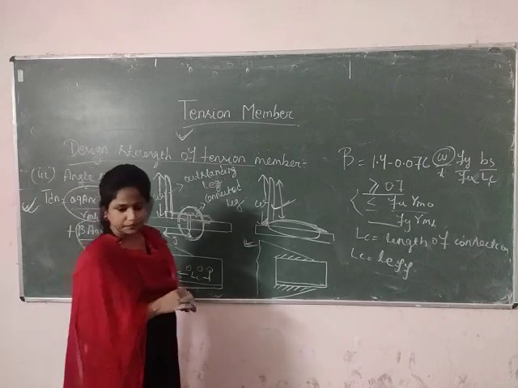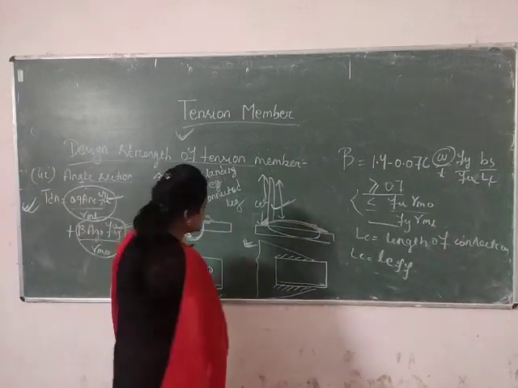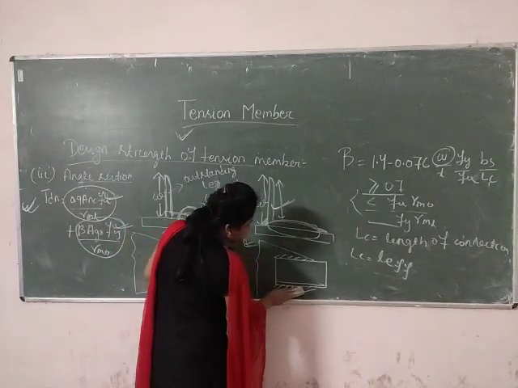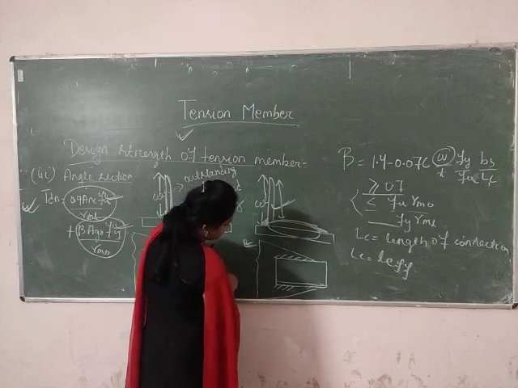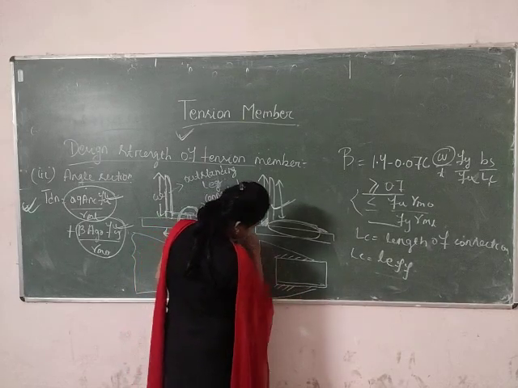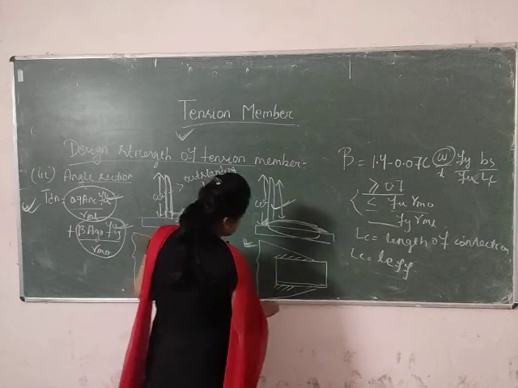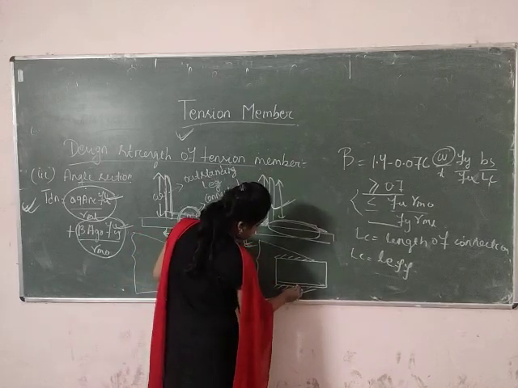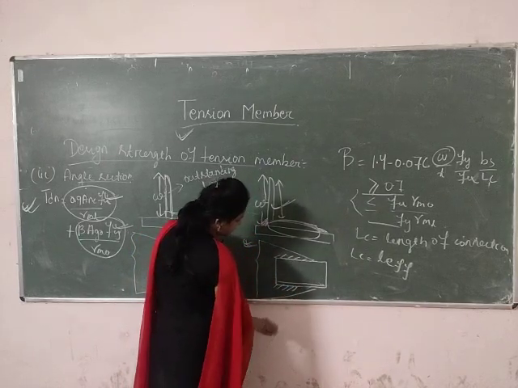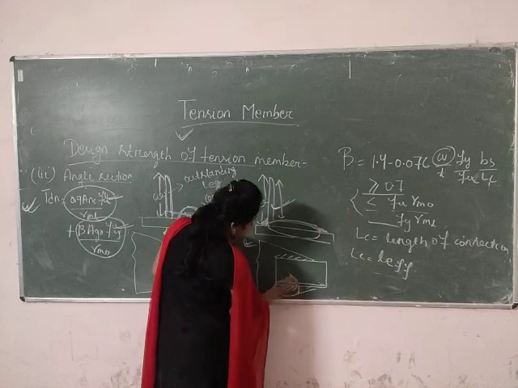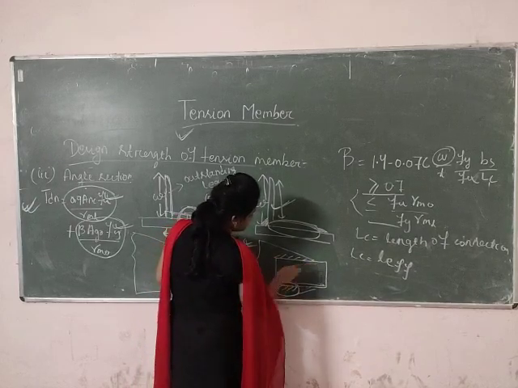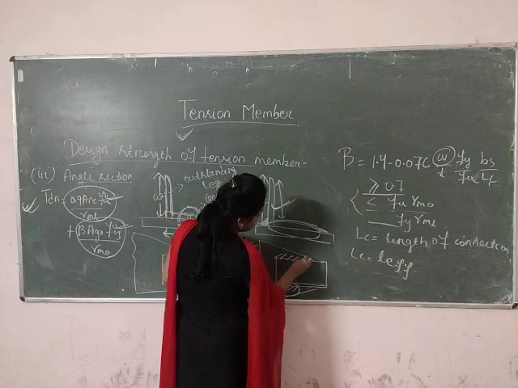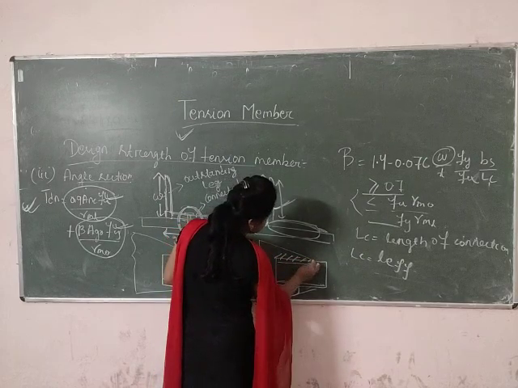But there may be a case that this leg is connected by the welded connection up to this length and this leg is connected with the gusset plate up to this length.